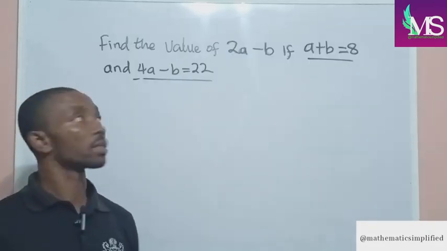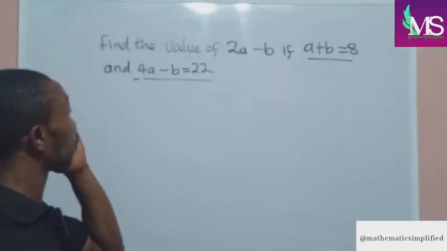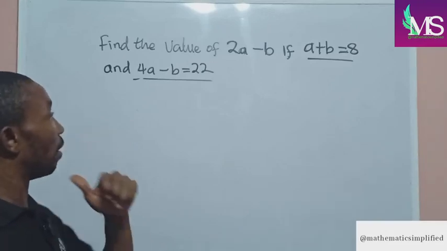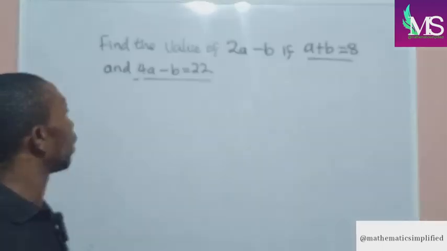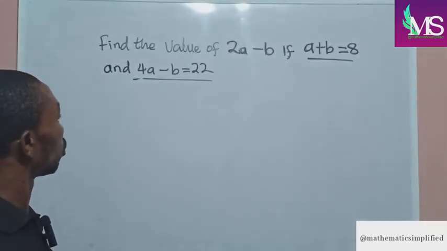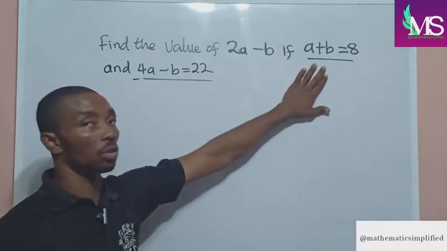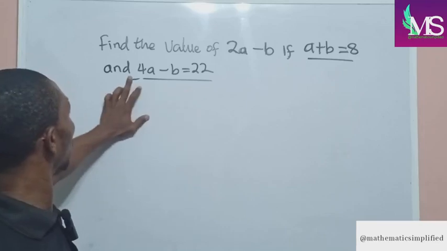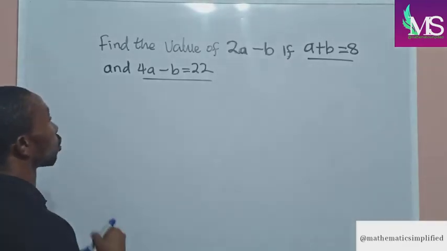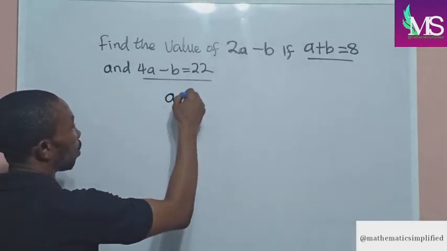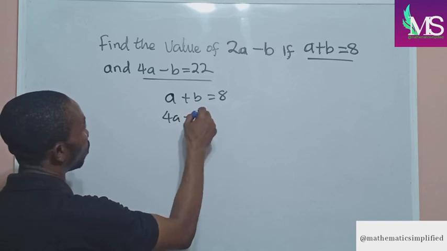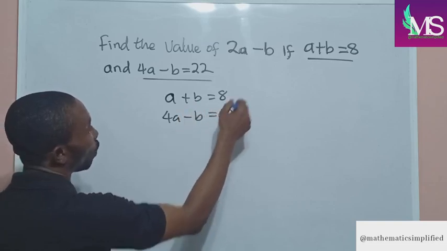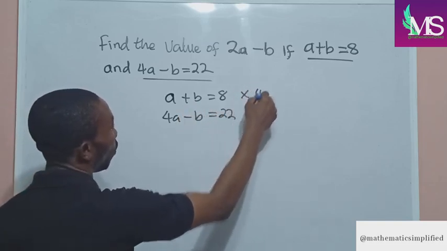Our next question says, find the value of 2a minus b if a plus b equals 8 and 4a minus b equals 22. Now these two expressions tell us that we need to use simultaneous equations. So this becomes a plus b equals 8, 4a minus b equals 22. Multiply equation 1 by 4.